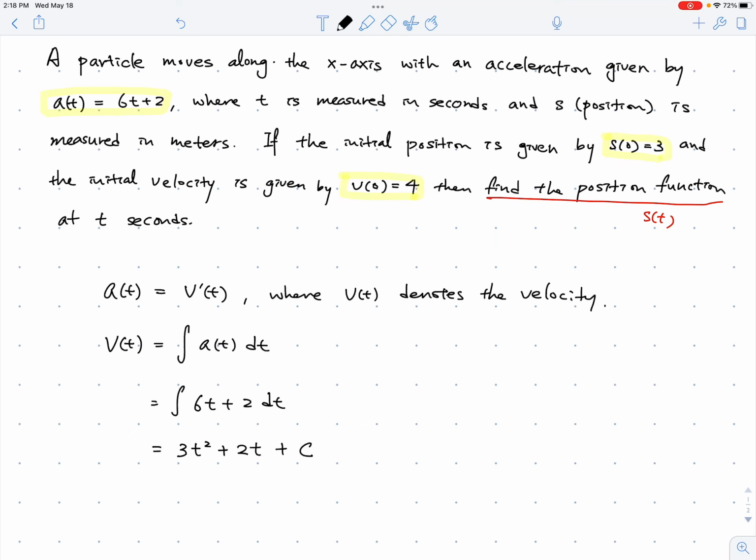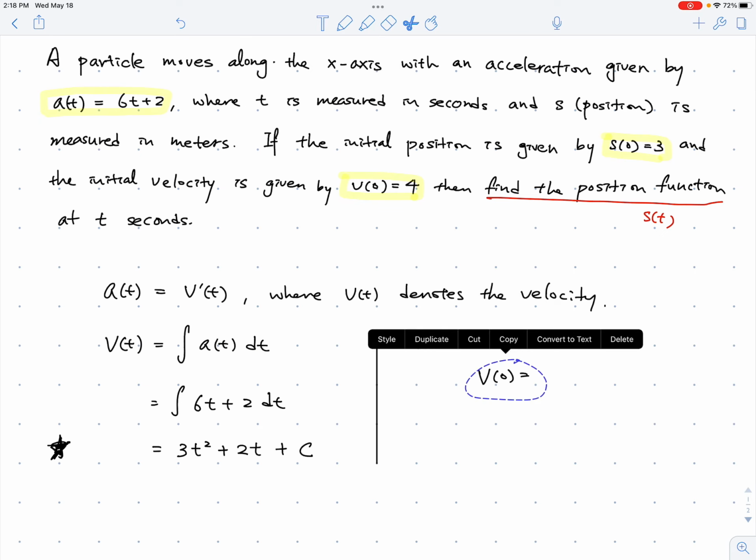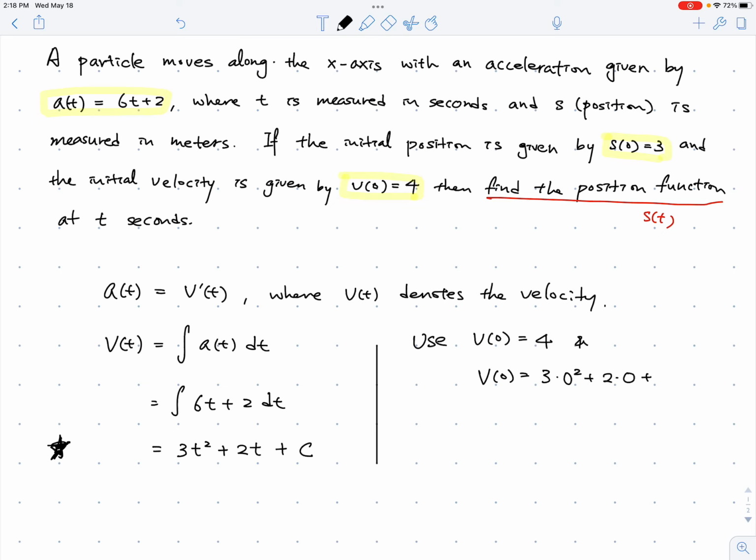Okay, so this is a generic one. All right, so now if we use the information v(0) = 4, and use what we just found, v(0) is equal to 3 times 0 squared plus 2 times 0 plus C, which by straightforward computation is equal to C. They're supposed to be the same, right?